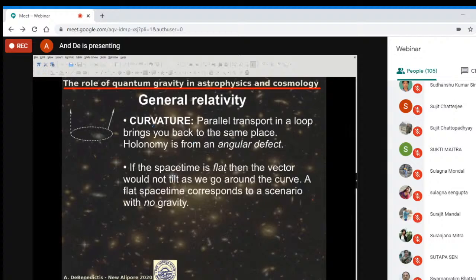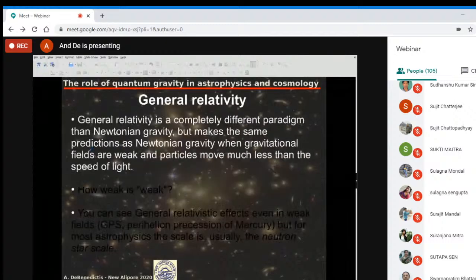The loop is living on a manifold with non-trivial curvature. If, on the other hand, the vector comes back on itself without a change in angle, then there would be no gravity. So this is one way to measure curvature. The physical way, of course, would be to measure what are called tidal forces of gravity. But mathematically, it's equivalent to discussing what's called the holonomy, the angular holonomy of the vector upon parallel transport in a loop.